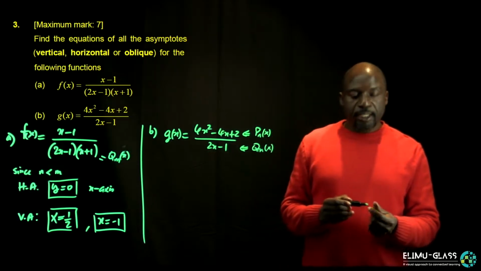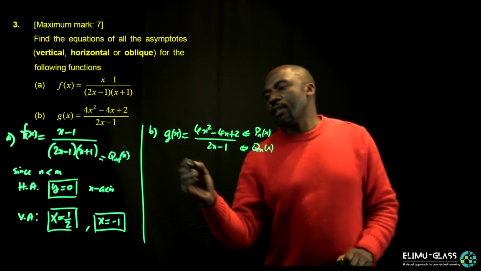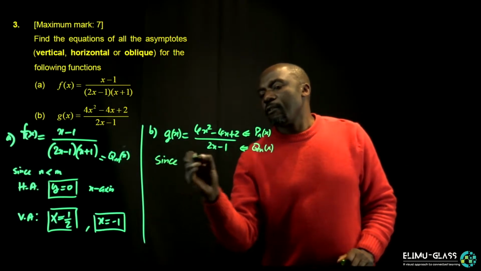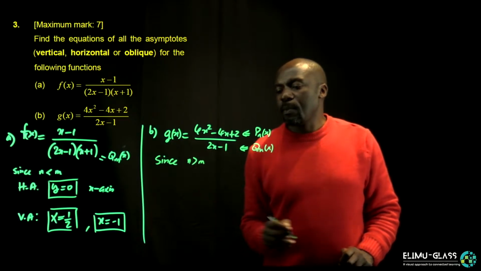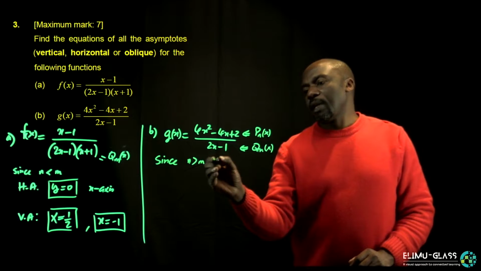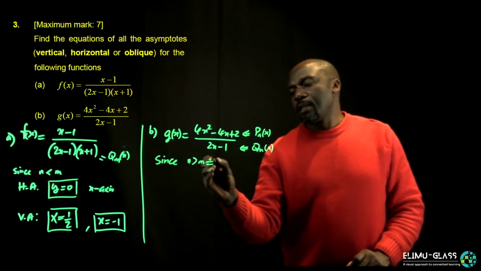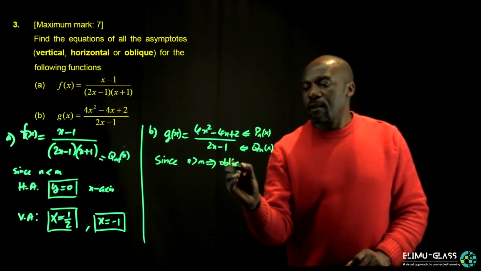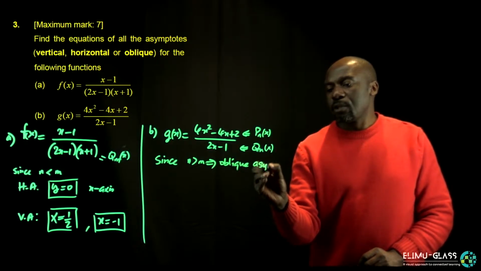So the numerator is now at a higher order compared to the denominator, and for that reason, since n is greater than m, we will have an oblique asymptote.